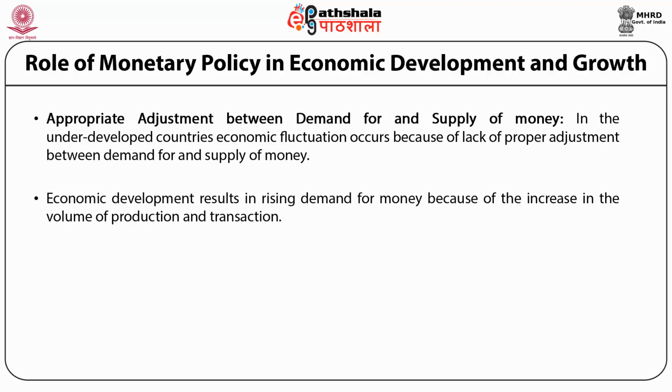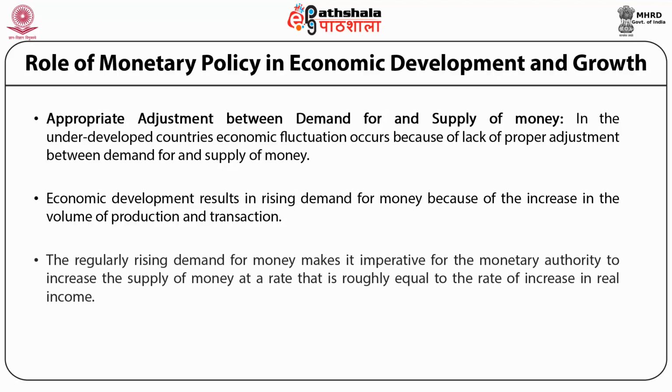Economic development results in rising demand for money because of the increase in the volume of production and transactions. The regular rising demand for money makes it imperative for the monetary authority to increase the supply of money at a rate that is roughly equal to the rate of increase in real income.